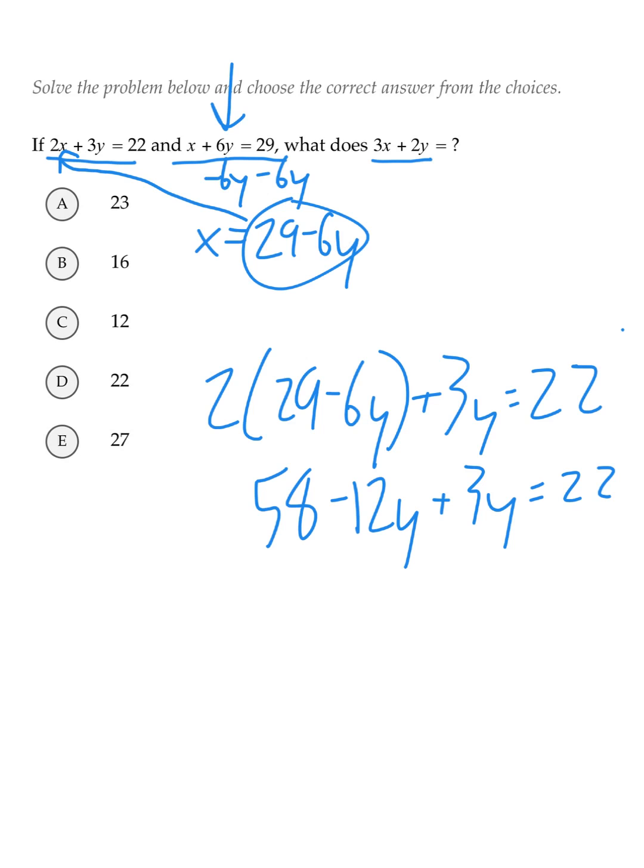Combine like terms, negative 12y, positive 3y, we would get negative 9y. 58 minus 9y equals 22.